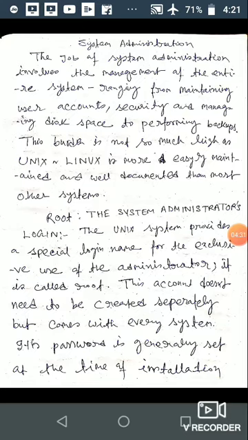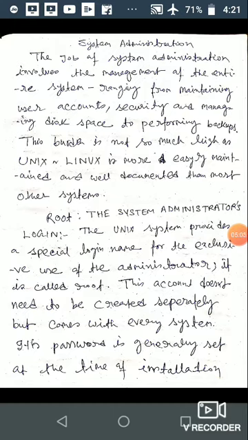First let us discuss some basic things about the account holder, that is root. So first let us start with root. Root is the system administrator, or super user.